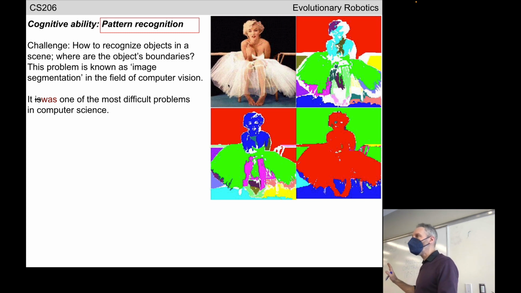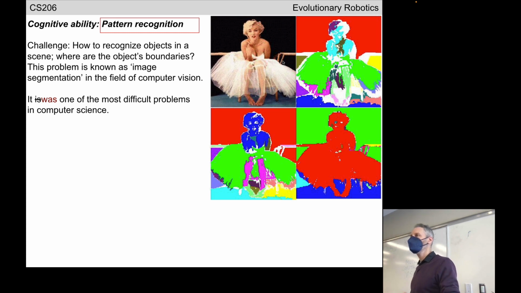A slightly easier problem, rather than just recognizing who this is, is known as the image segmentation problem. Just separate foreground from background. Here you can see the computer attempting to do that. Not a very easy thing to do. We can do it today with GPUs and 1 billion photographs that either do or do not contain Marilyn Monroe.